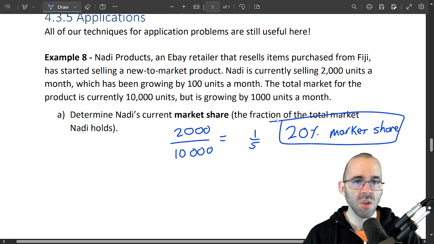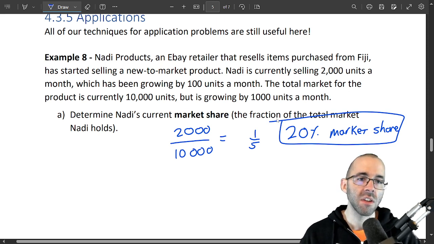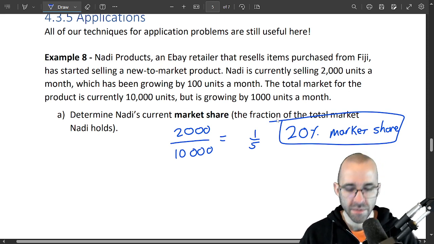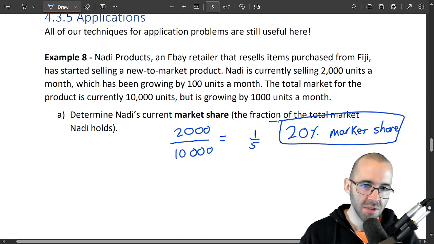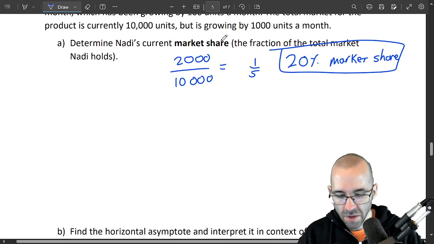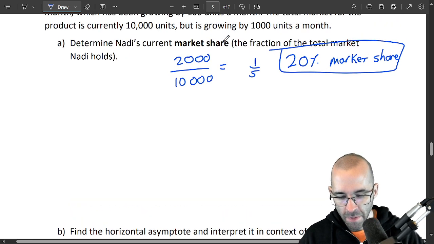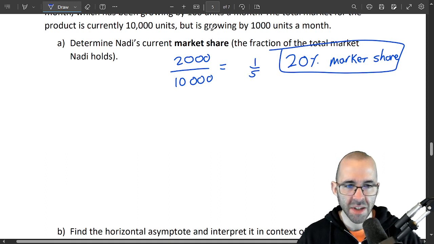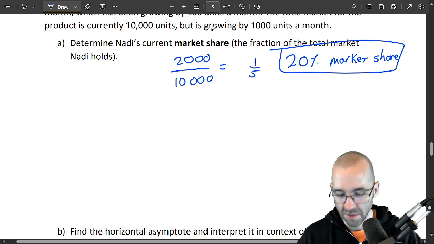Okay, and that's a new term that we haven't talked about before, but market share is just what fraction of the total market you're in. So if they had 3,000 products over 10,000 total, then that'd be 30% market share. And it's an important economic topic to consider. The total value of the market is good because that shows how marketable your product is, and then the market share is how well you're doing relative to your competitors.